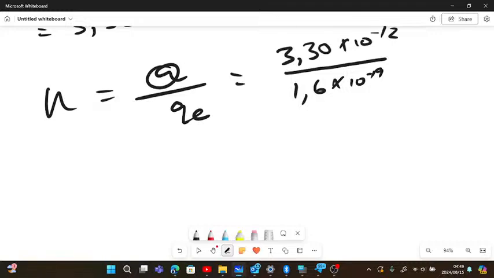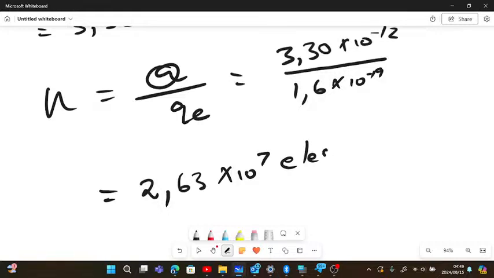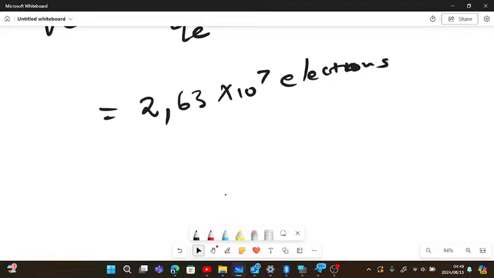Whenever I do my calculation, the number of electrons happens to be 2.63 times 10 to the exponent of positive 7 electrons. So this becomes the conclusion of quantization of charge in this case.